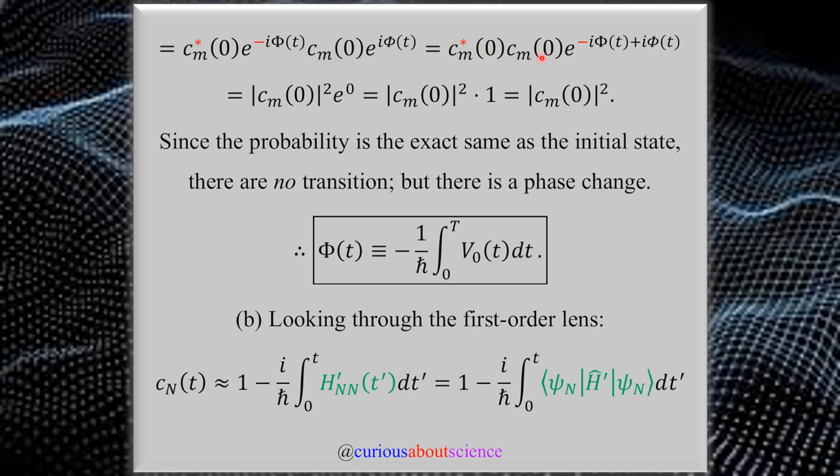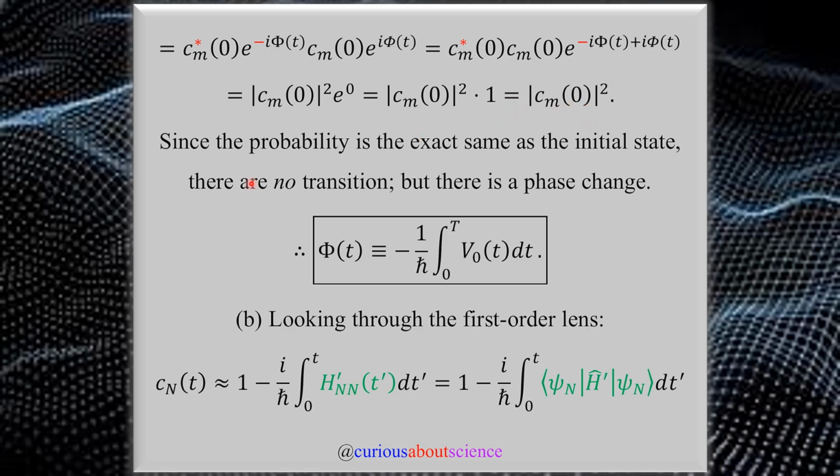Reorganizing, thanks to multiplication, we see that the negative exponential and the positive exponential will go to 0. But since we have c star m, cm, that could just go back to the magnitude. And now we see that we have e to the 0, which is just 1, so we retain the magnitude of the original coefficient. That's pretty darn cool.